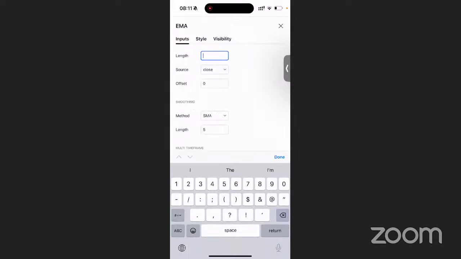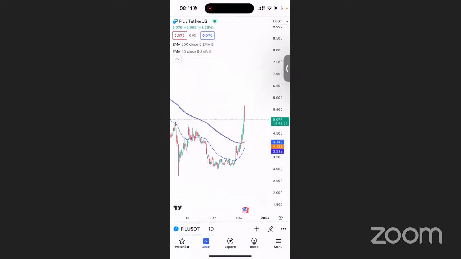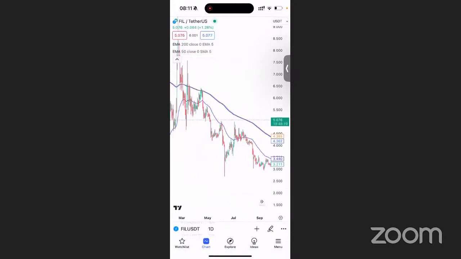Or I could use a 50 or 100, it's okay. So I will take 50. These are just numbers. So I want to look at 50 candles. This is a 50 moving average.